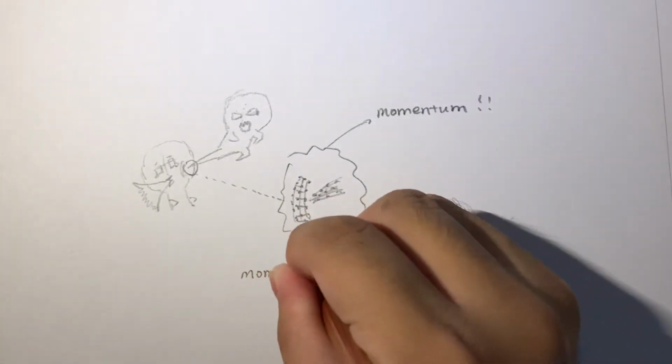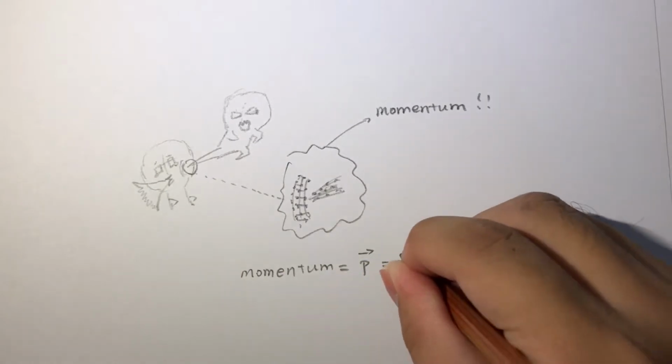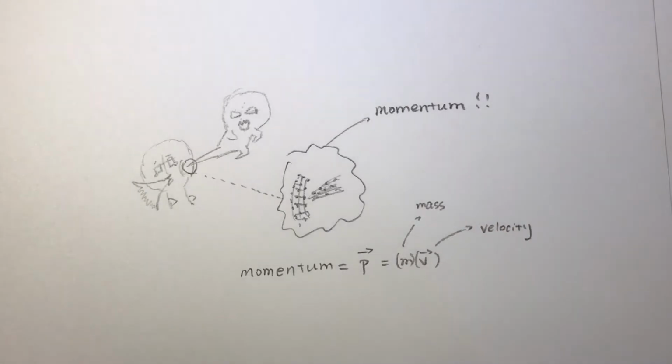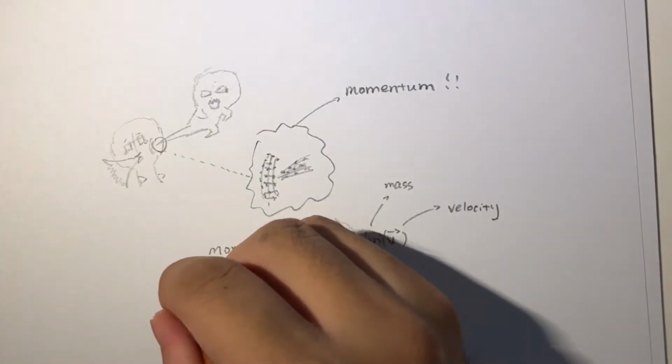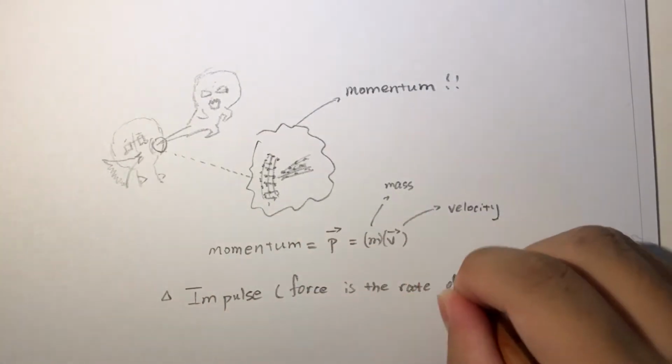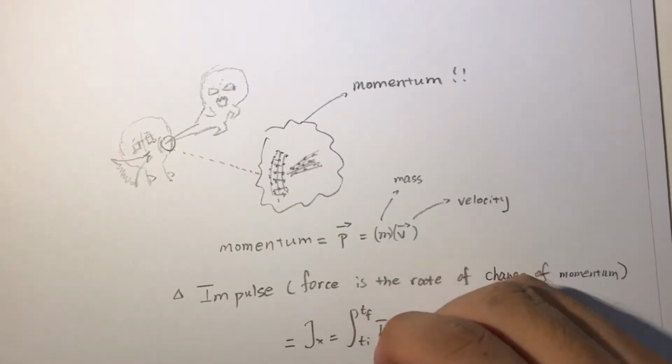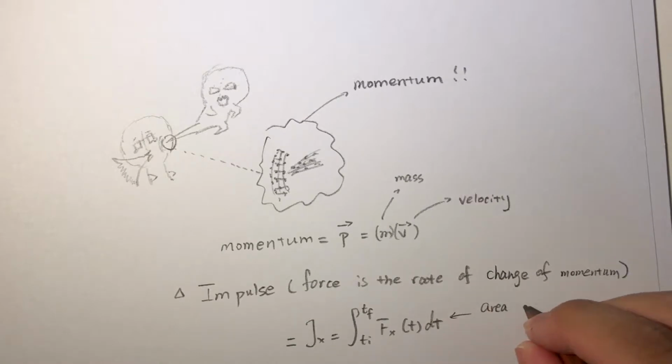We can use a formula to describe momentum, which is momentum equals mass times velocity. Moreover, impulse is the rate of change of momentum. It is the area under the function curve between T1 and T2.